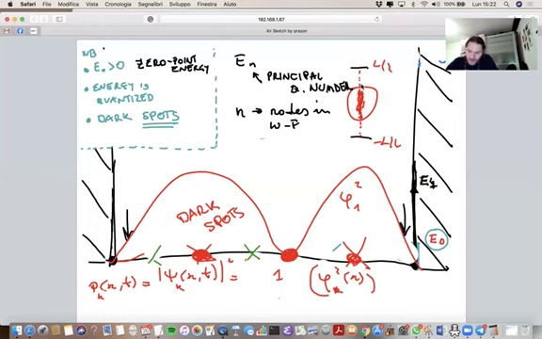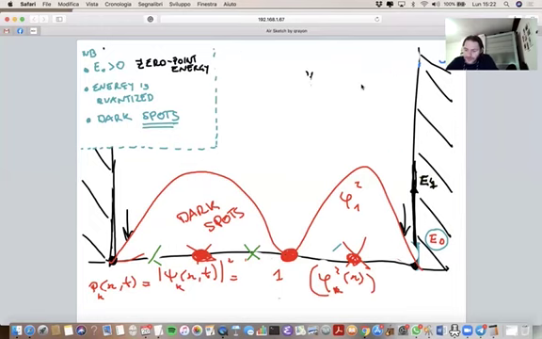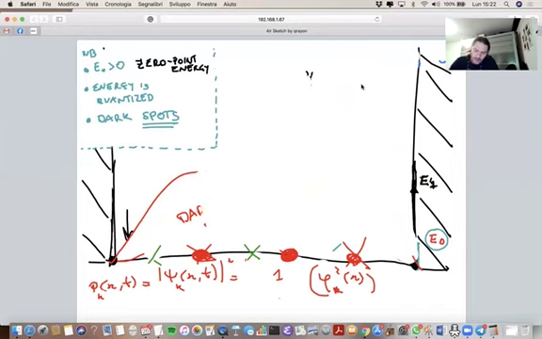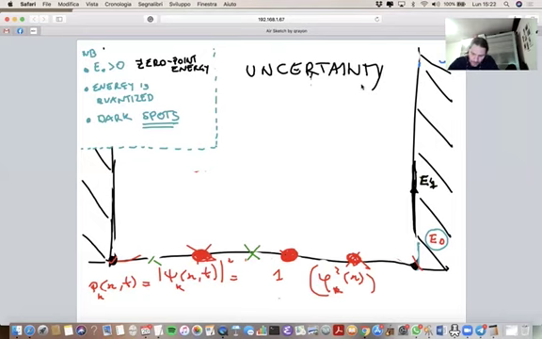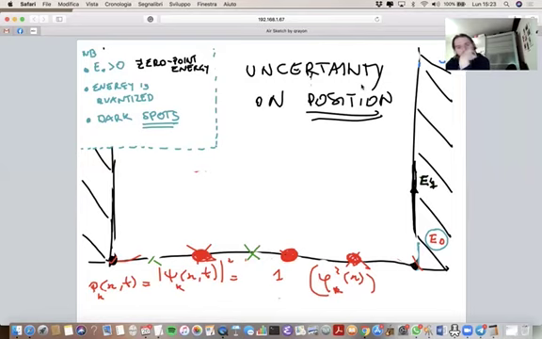So the very fact that I'm using a wave function carries on uncertainty on position. Interesting.